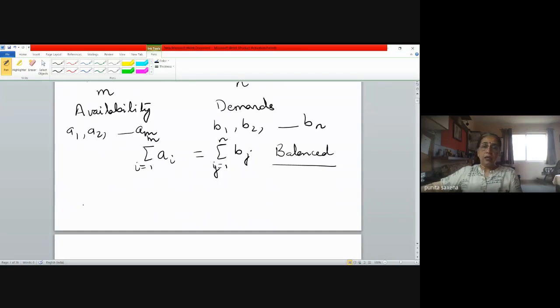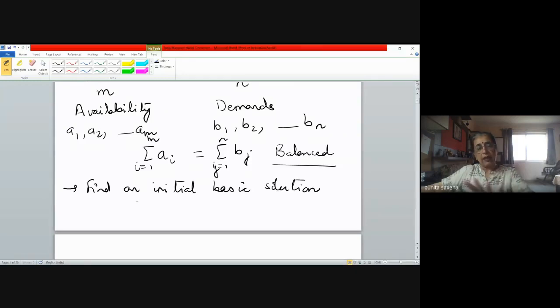Now, once you are sure that your problem is balanced, the next step is to find an initial basic solution to the given problem. We have seen how a given transportation problem is converted into a linear programming problem, and that can be solved.